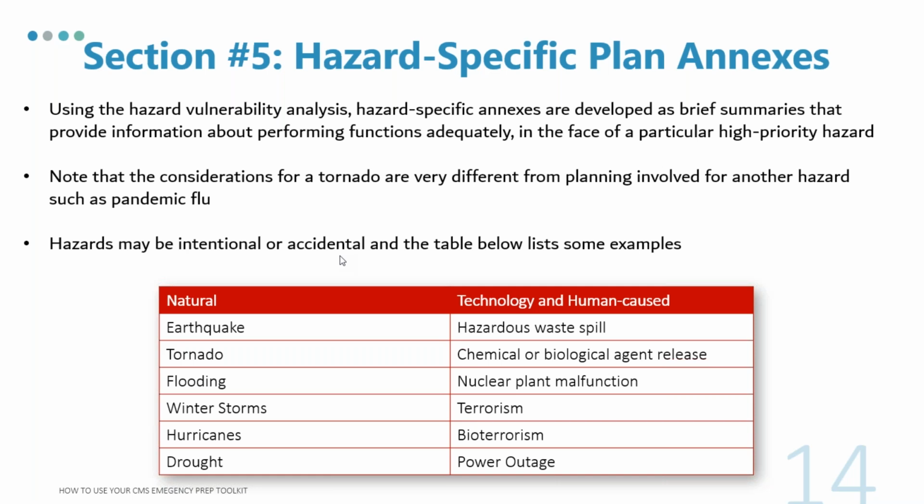Also, what are the considerations for a tornado or a pandemic flu? Also, hazards may be intentional or accidental. It's really about understanding what your risks are and then planning proactively around that. And that is section 5.